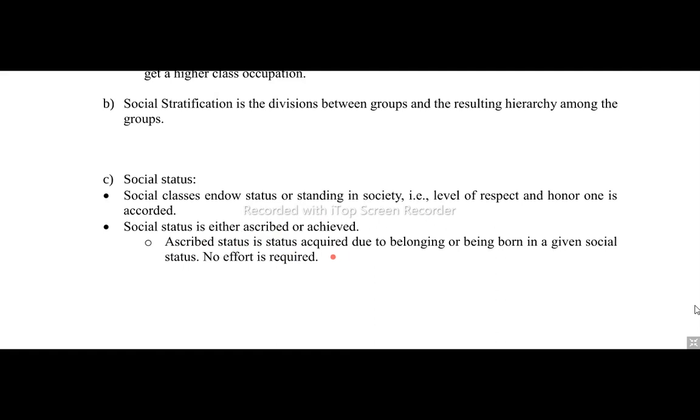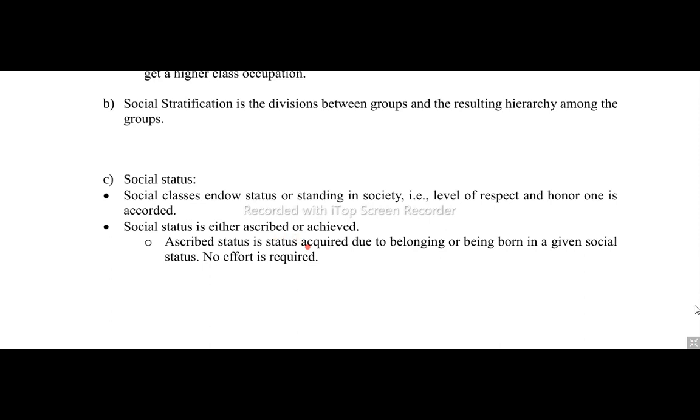So, for example, in your village, there were children who were born in families where maybe the father or the mother was a teacher, or a child whose parent is a pastor or a reverend in a church. Those children were always called PK, that is pastor's kid, or the children of teachers, mtoto wa mwalimu. That was an ascribed status.